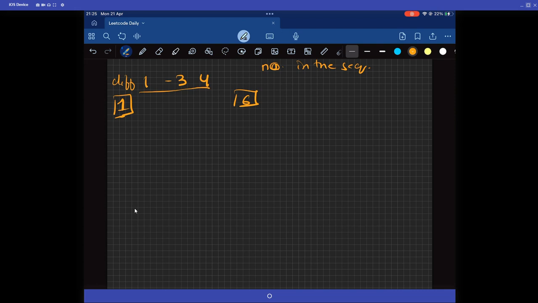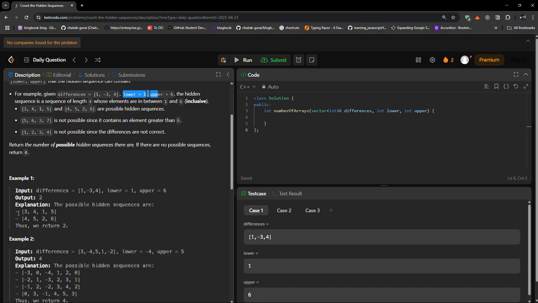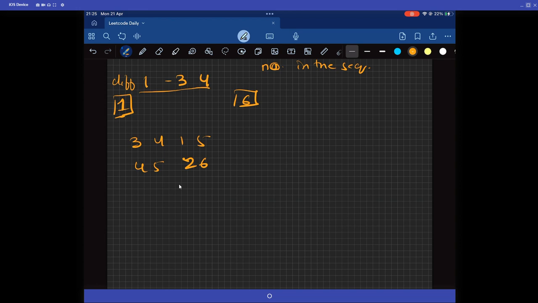Then what are the possible solutions we can have? We can have 3 4 1 5 and 4 5 2 6, right? You can see the difference of 3 and 4 is 1, 4 and 1 is minus 3, 1 and 5 is 4. Similarly for 4 and 5 it is 1, 5 and 2 is minus 3. So the answer is 2. There can be two sequences.